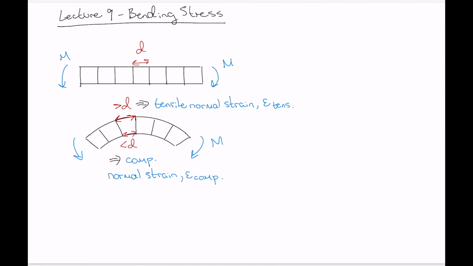And then somewhere in between the top edge and the bottom edge, there'll be some position where the length between the lines is exactly what it was before deformation, so it will be D. Right? So we've got some position in here that is D, and at that location there's no length change, so there's no strain. Right, no strain at that location. Okay.